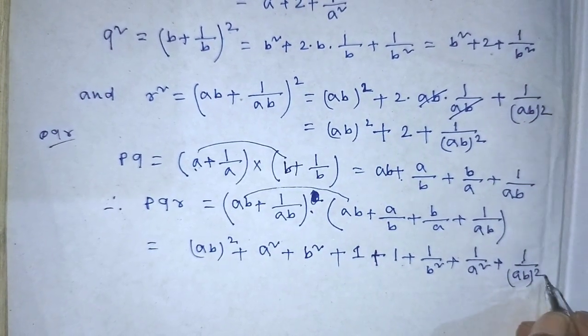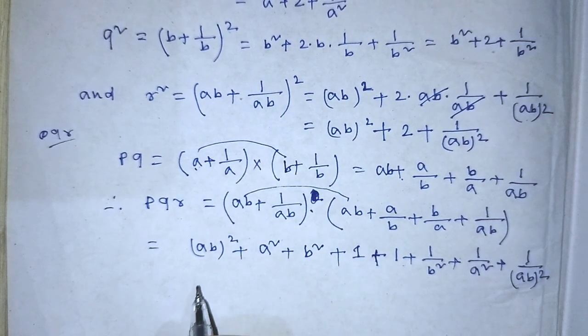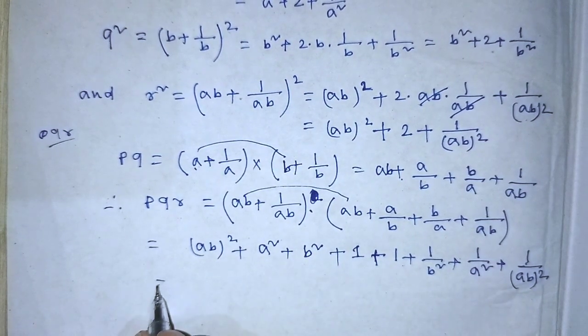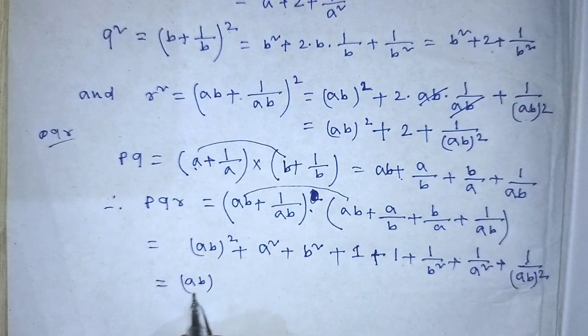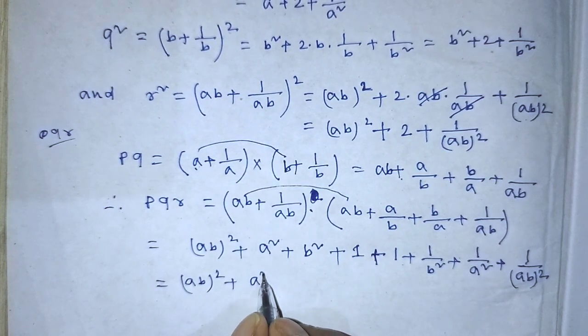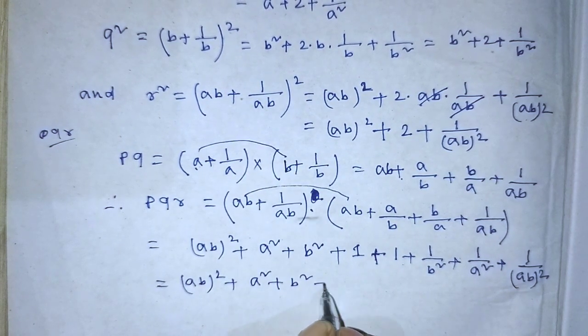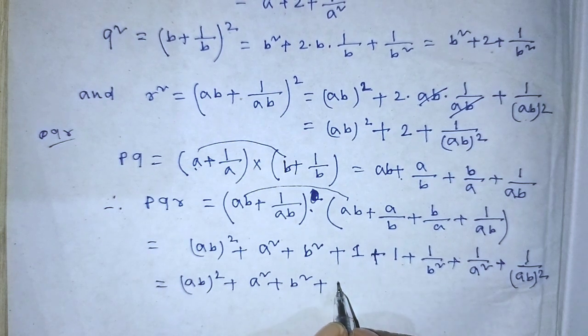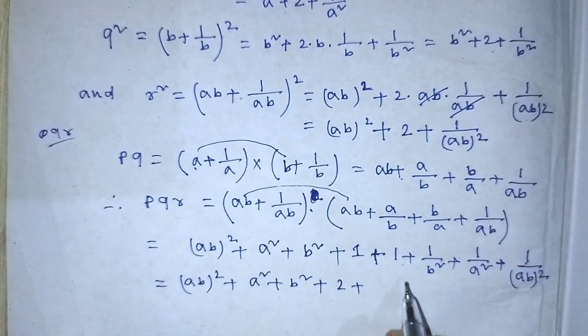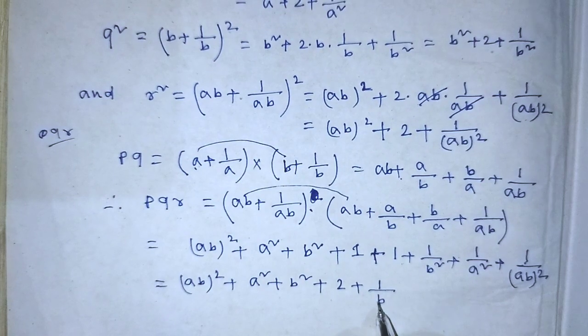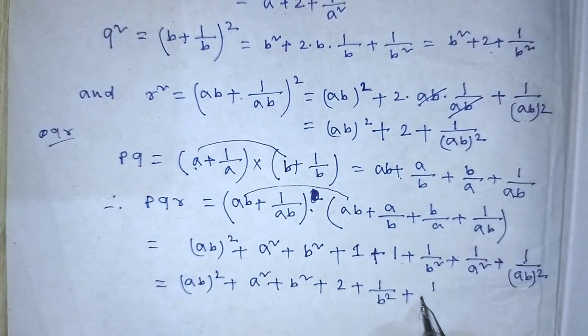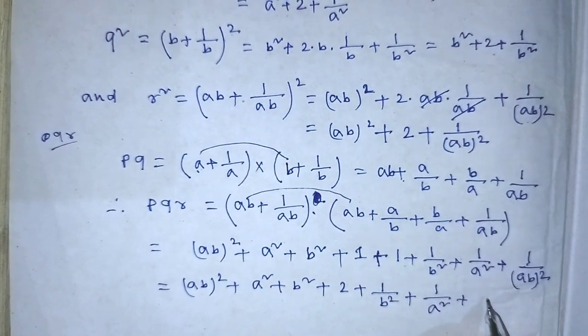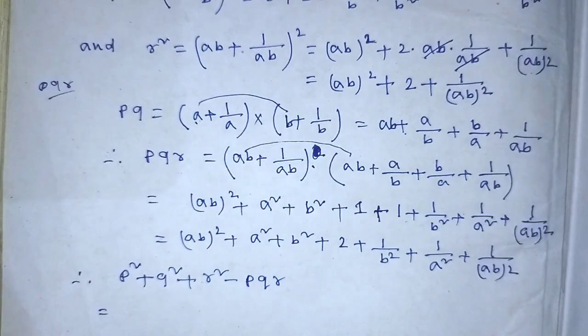Okay, so student, we can write from this algebraic expression (ab) whole to the power 2 plus a square plus b square plus 1 plus 1, that is 2, plus again we have to write 1 over b square plus 1 over a square plus 1 over (ab) whole square.